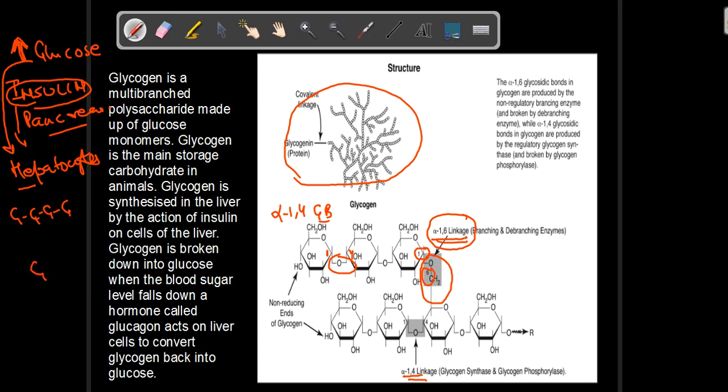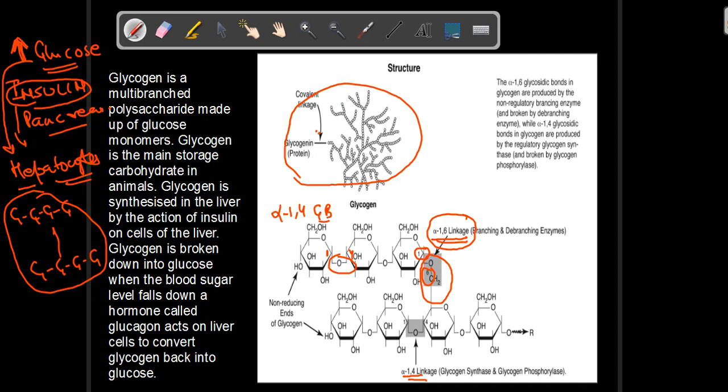They make a large number of these straight chain glucose molecules, and then they link them. And what do they form? They form a large molecule called glycogen. So glycogen is made when there is excess of glucose in the blood, and this glycogen is made inside the hepatocytes where it is stored. So this is a storage carbohydrate.